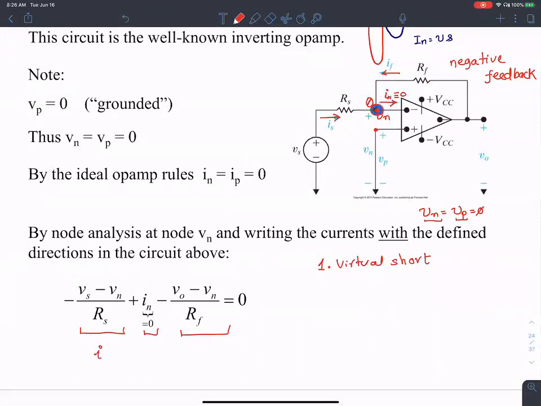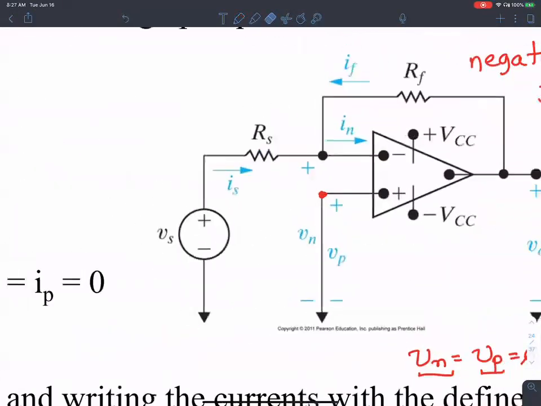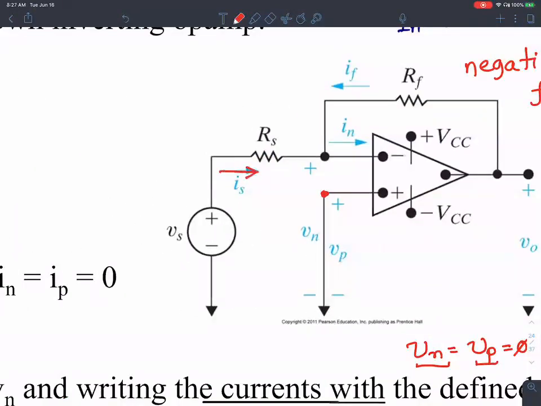So this is negative IS leaving that node, plus the current leaving this node IN, and then negative IF, because I have shown IF to be coming into the node, so when adding the currents leaving the node I incorporate a negative sign. Or you could do something that I mentioned in the last class: just keep the directions like so.